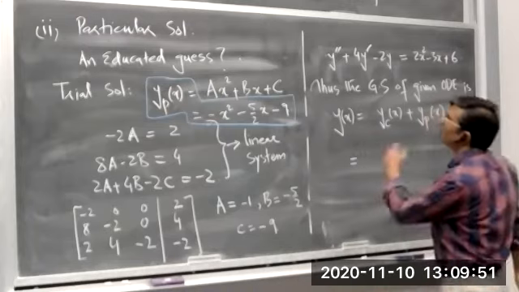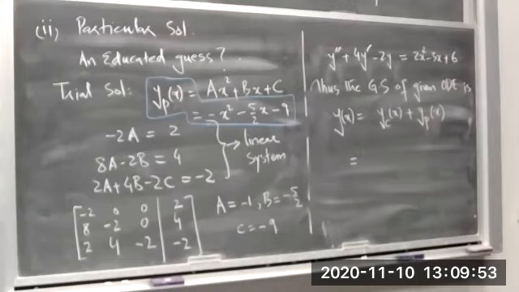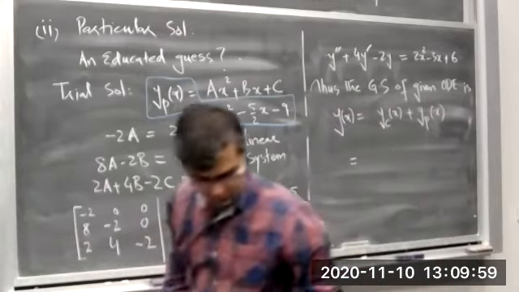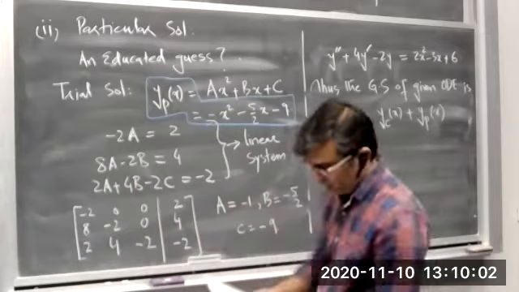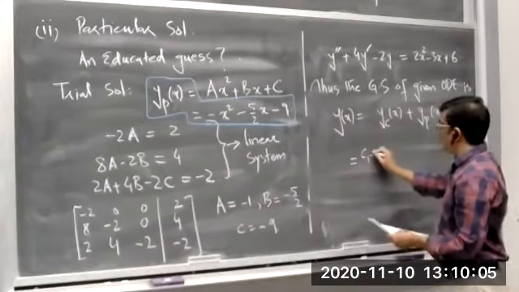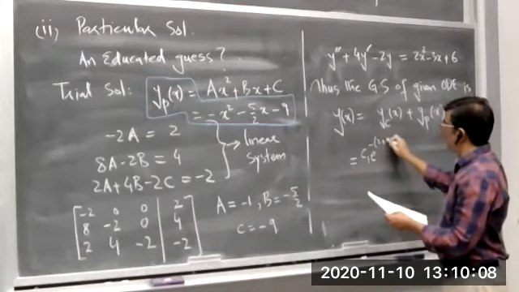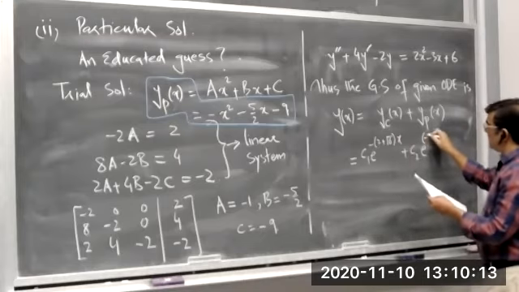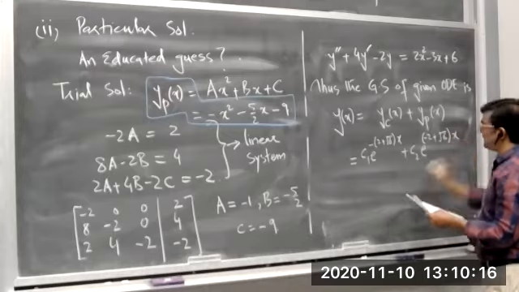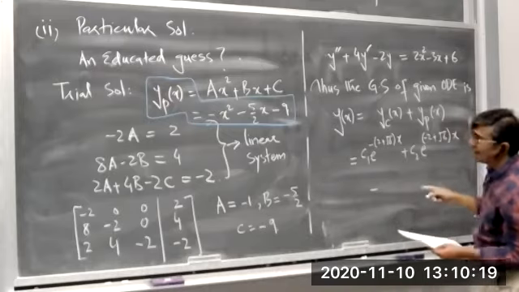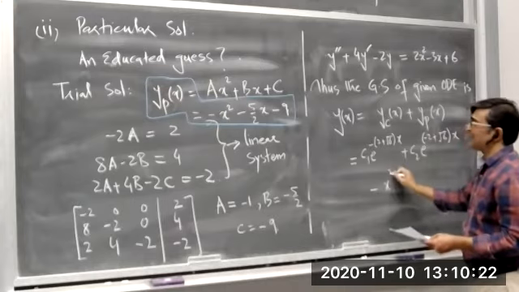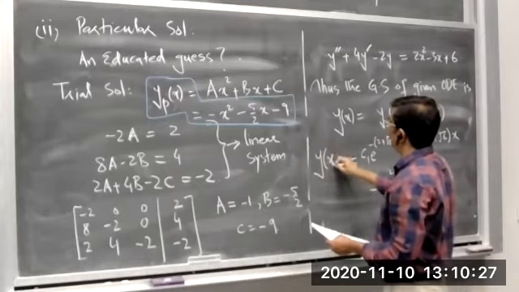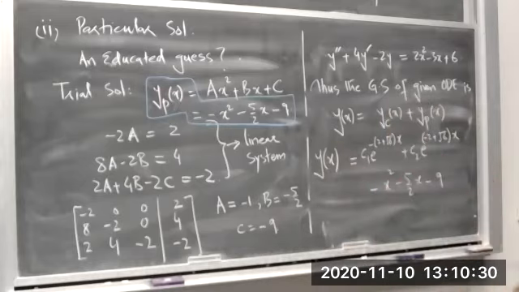Okay, yc of x is the complementary solution, which we have already calculated, and it was c1 e raised to the power (-2 plus under root 6) times x plus c2 e raised to the power (-2 plus under root 6) times x plus the particular integral, which is minus x squared minus 5 by 2 x minus 9. So this is your general solution for the given differential equation.